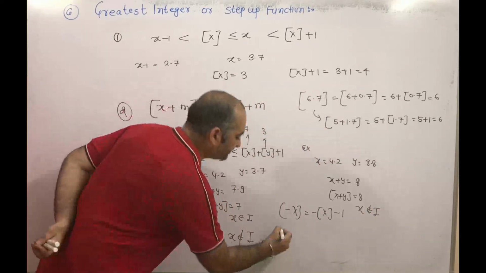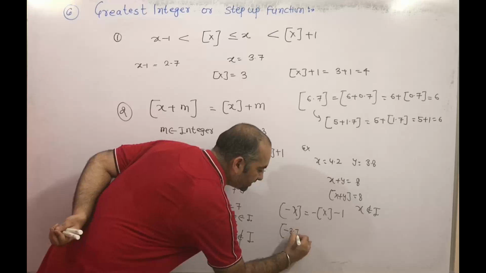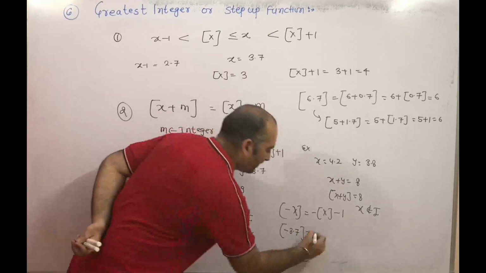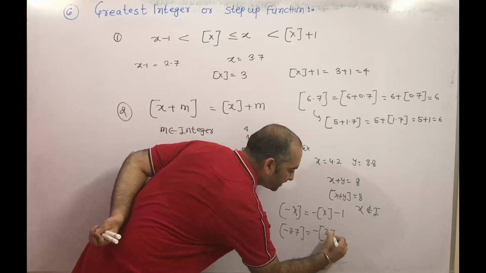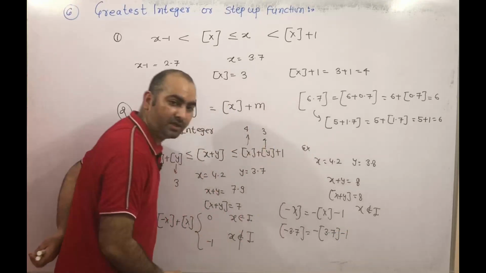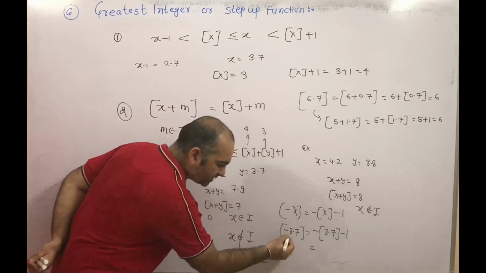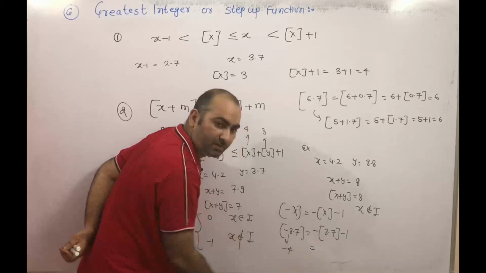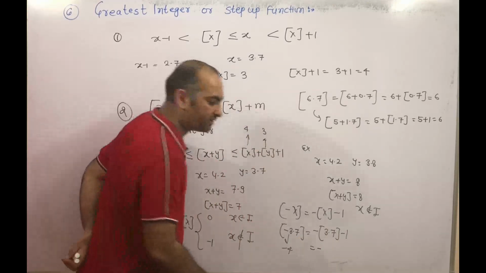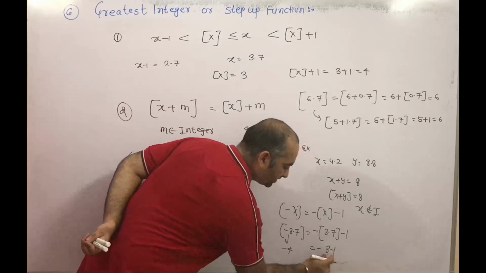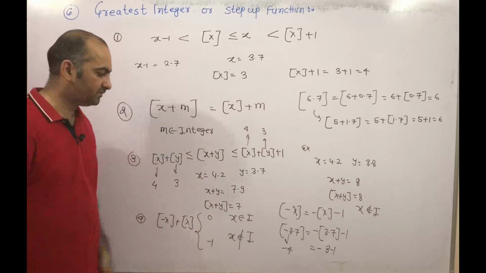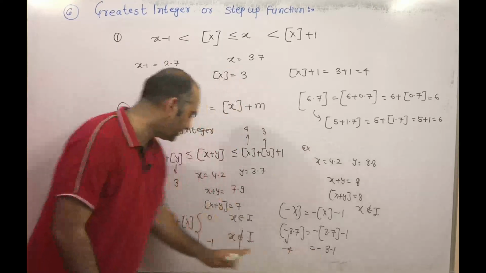For example, if I take the greatest integer of minus 3.7, we can write minus of the greatest integer of 3.7 minus 1. So directly this is minus 4, and minus of the greatest integer of 3.7 is 3 minus 1. So this is 4, minus 4, this is also minus 4. So this is property number 4.